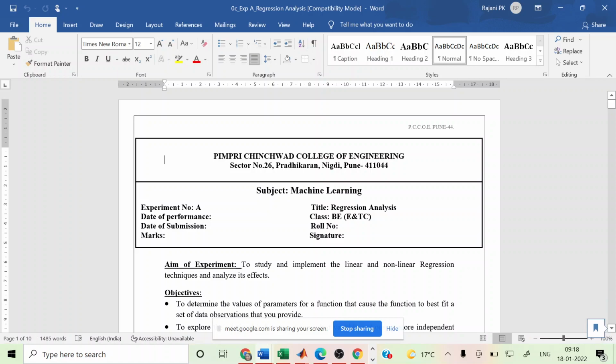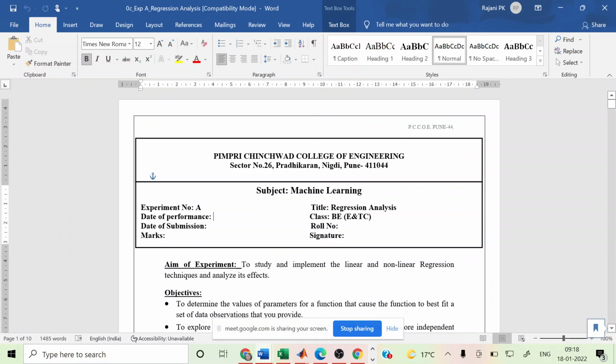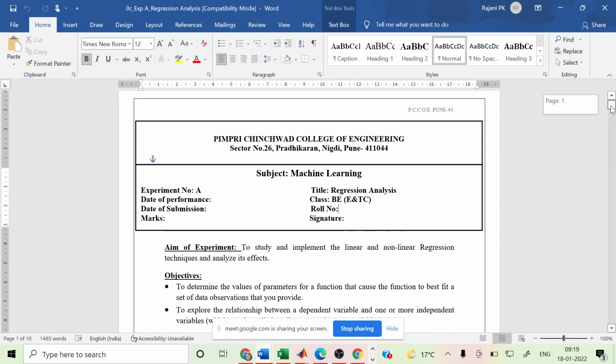Regression analysis, performance date: you have to put today's date, that is 18/1/22. And by next week you have to submit this write up. Okay, this is how it will go. So the date of submission will be next week. You can write the roll number. Okay, I'll be allocating the marks in the Google Classroom.